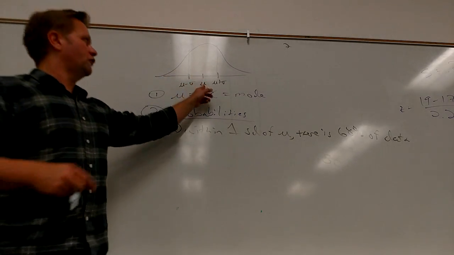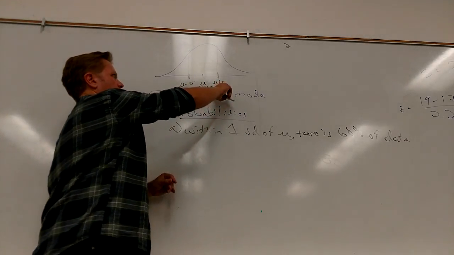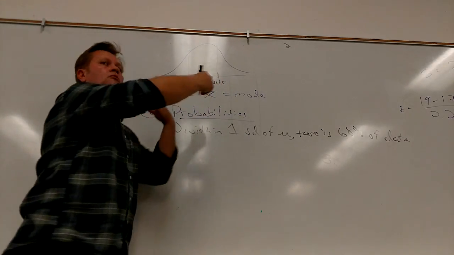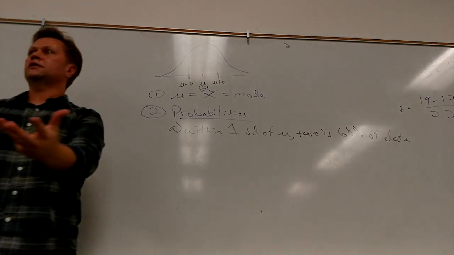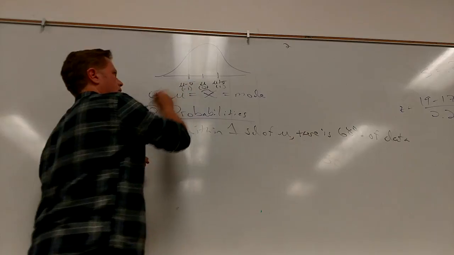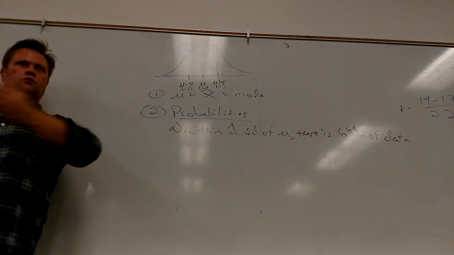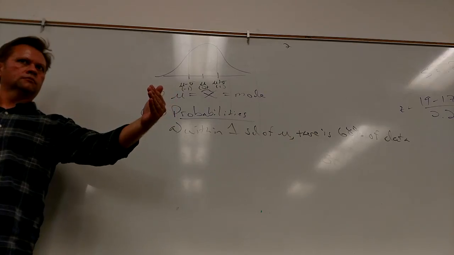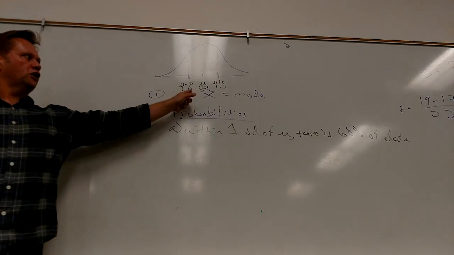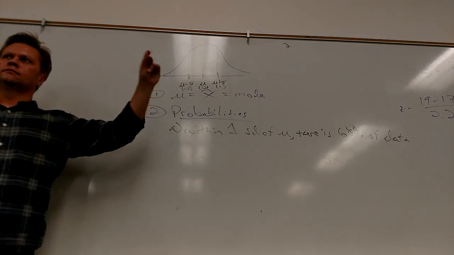So what's the z-score for the mean? 0. What's the z-score for one standard deviation up from the mean? 1. I just gave it away. It's one standard deviation up, so it's 1. And -1. That's a quicker way to describe within one standard deviation: 1 up and 1 down. So within one standard deviation of the mean, there is 68% of the data.